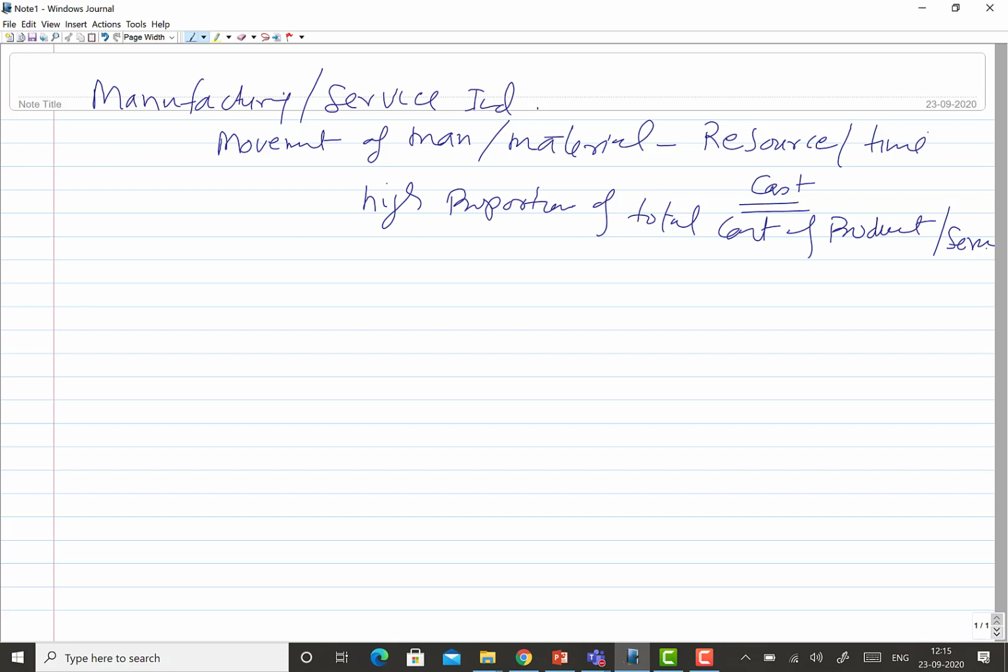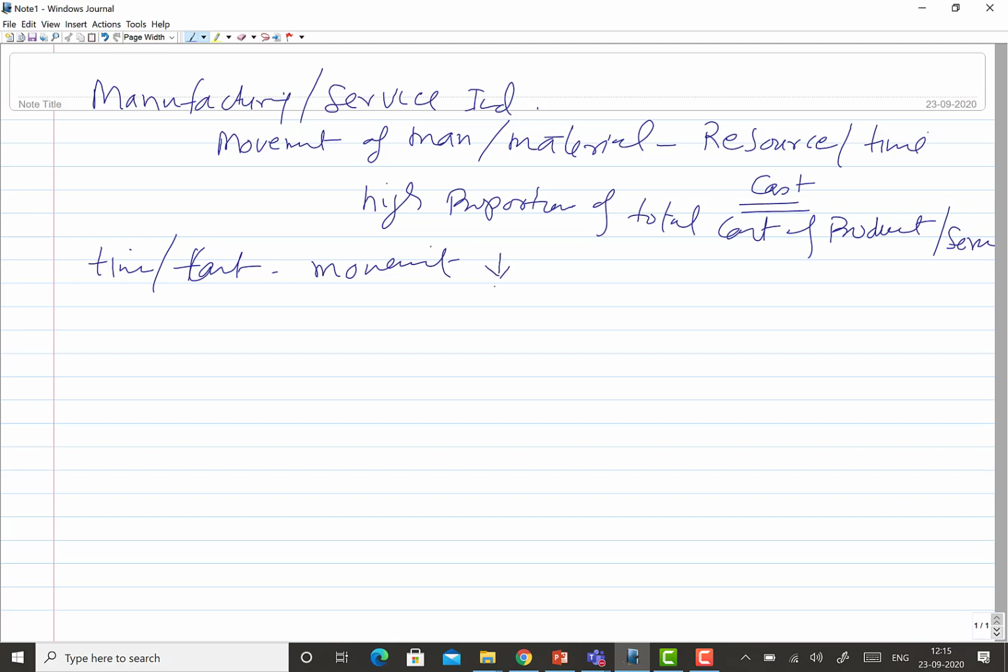So it is important that in order to improve the productivity, in order to increase the production, either the time or cost associated with all such movements of man or material is reduced.